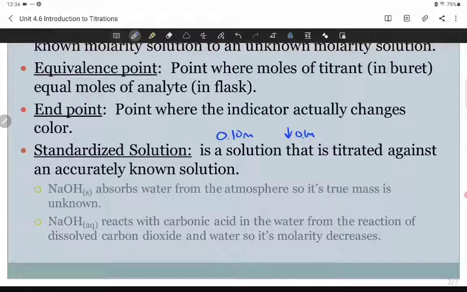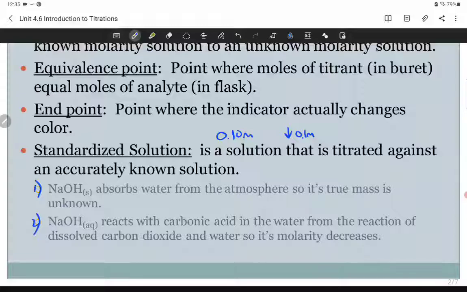And there's two reasons. Reason one and reason two. So first of all, sodium hydroxide will absorb water from the atmosphere. So what you think you're weighing out for solid sodium hydroxide may actually be sodium hydroxide and some water from the atmosphere.